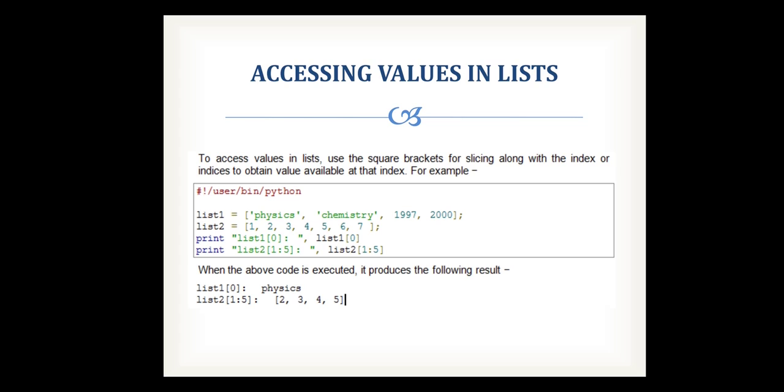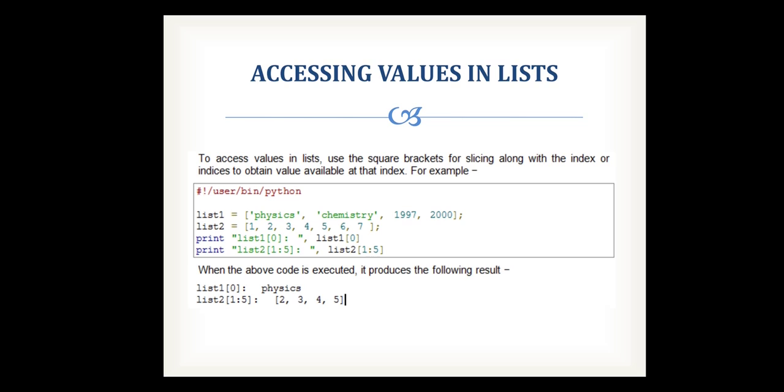In the second print, it is going to print a total of 4 elements from position 1 to position 4, because it is specified as 1:5. So the iterating index positions are 1, 2, 3 and 4, because the last position is 5 minus 1, that is 4. So elements at index positions 1, 2, 3, 4 are going to be printed.